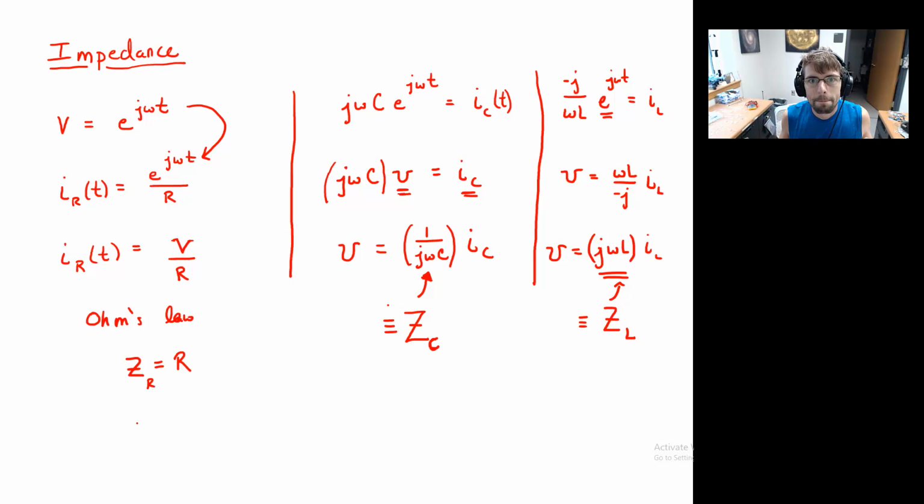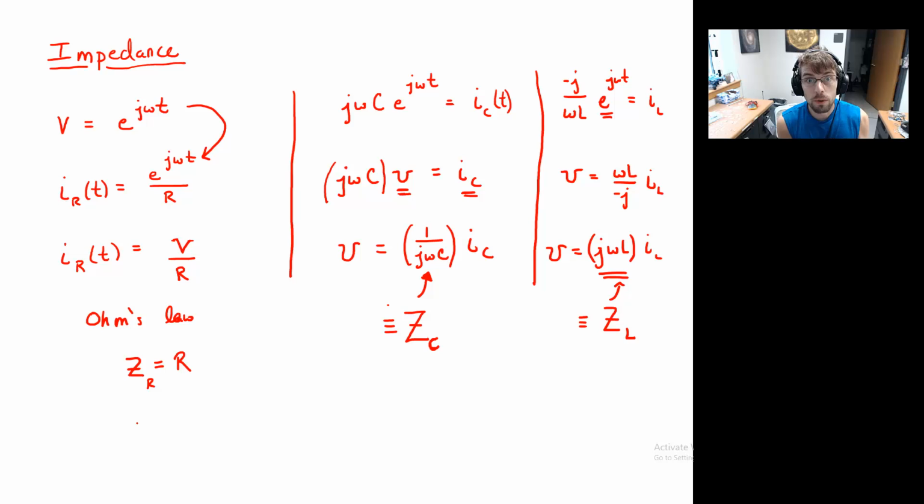Are you ready for it? If we have an alternating potential, an AC potential, or an AC current if you prefer, if we have an alternating source, and we choose to express that alternating source using Euler's relation, then we can treat our circuit elements as having impedances Z_R, Z_C, and Z_L.